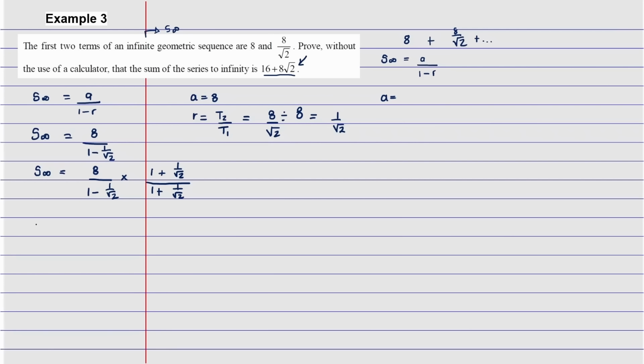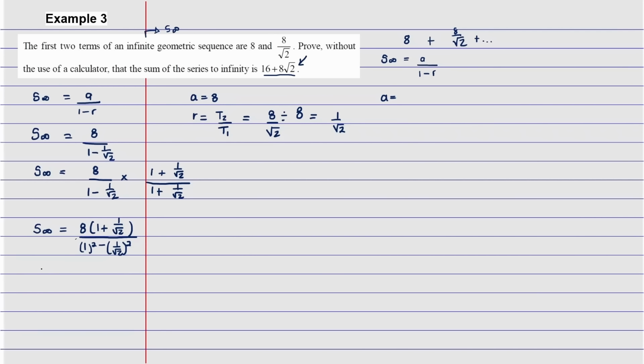So S to infinity is 8 times (1 plus 1 over root 2), divided by, when you're rationalizing, 1 squared minus 1 over root 2 all squared.